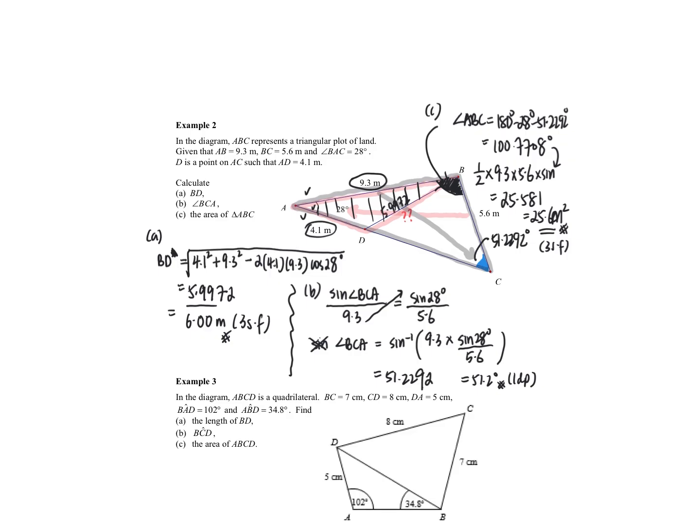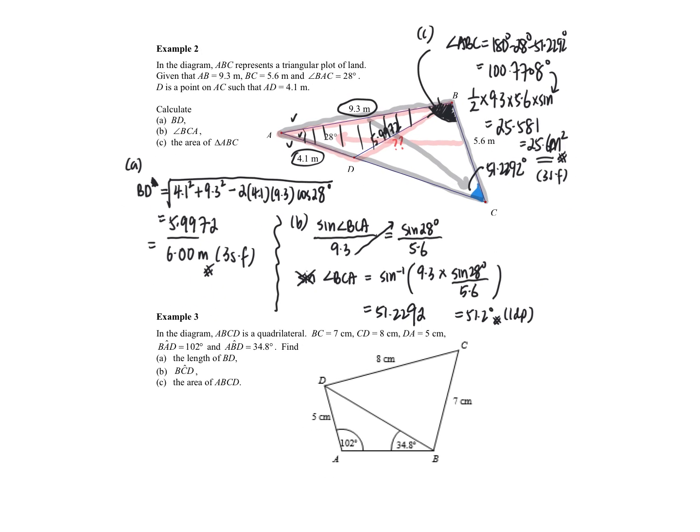Is that the last example? Okay, never mind. So anyway, this last example 3, I want to find BD. So I will look for the triangle that seemingly has more info. So for this triangle, which rule do you think we can use? Because I have one pair here, one pair here. So I will use sine rule in this case. So BD over sine of the angle 102, and then it's 5 over sine of the 34.8 degree.